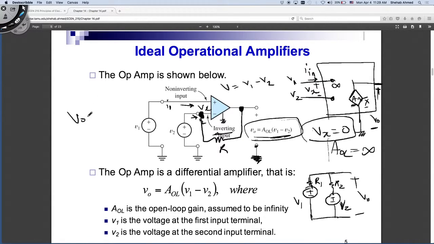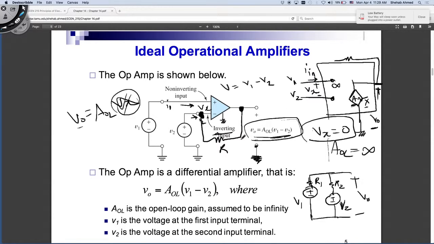My V output for the op amp as an open loop device is equal to the open loop gain times Vx. I made this Vx equal to 0, right? Which means that the output voltage is going to be 0 if it's only going to be affected by the open loop gain. But now it's no longer open loop gain only, because I have what? Remember, I connected the resistor here.